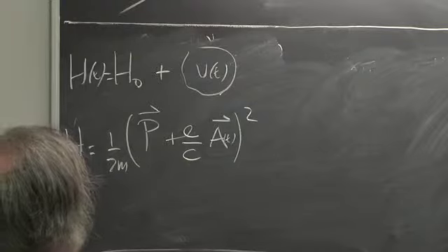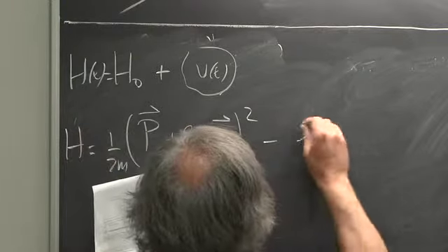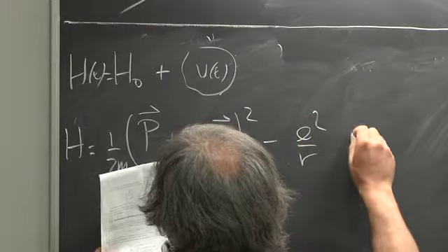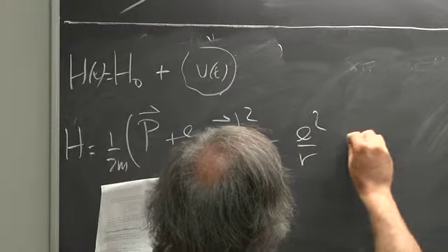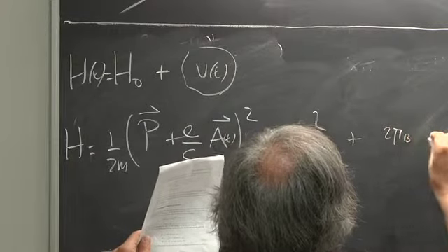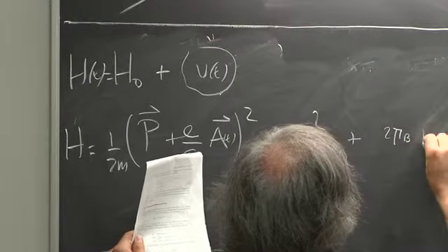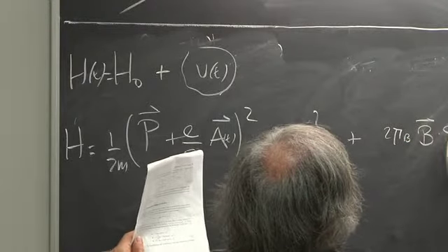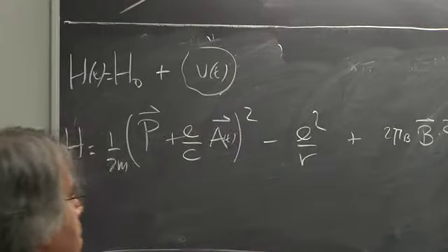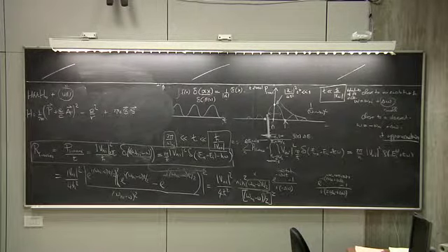And in principle, electromagnetic fields will also generate a magnetic field there, so some 2 mu B times B times the spin, the Zeeman term, okay?